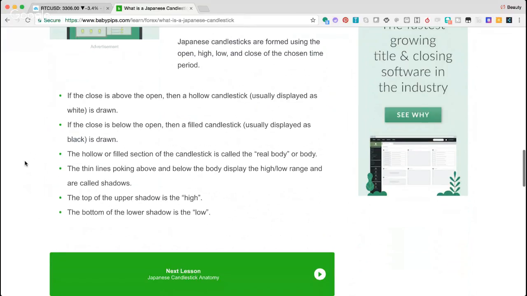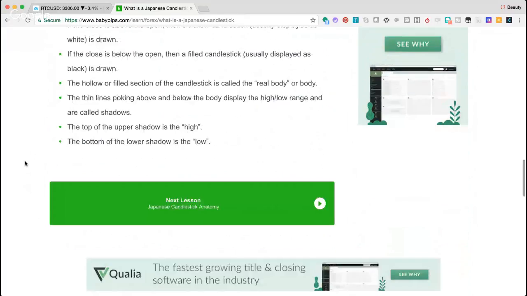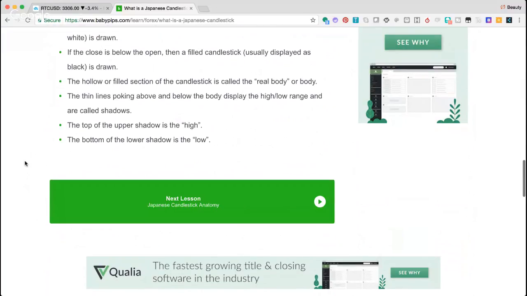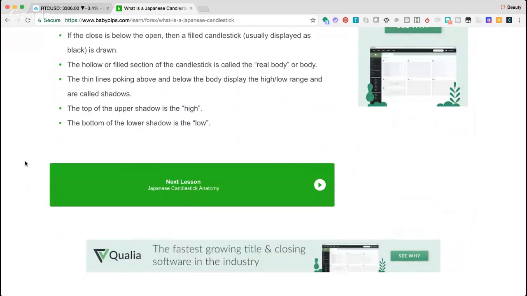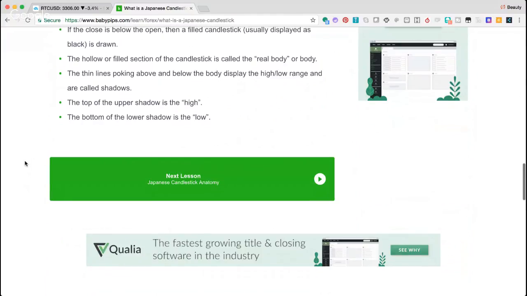If the close is below the open, then a filled candlestick, usually displayed as black, is drawn. The hollow or filled section of the candlestick is called the real body or body. The thin lines poking above and below the body display the high-low range and are called shadows. The top of the upper shadow is the high, the bottom of the lower shadow is the low.